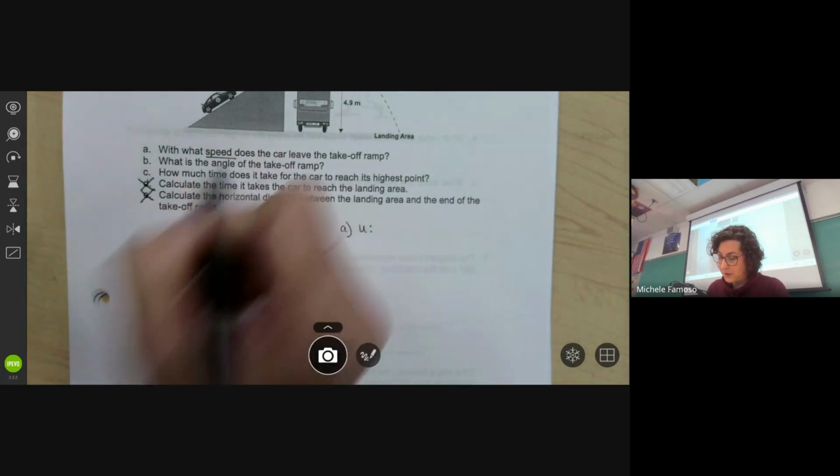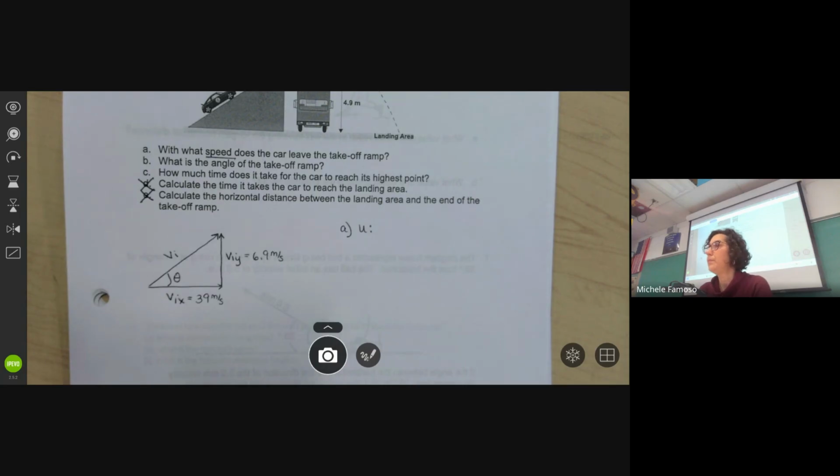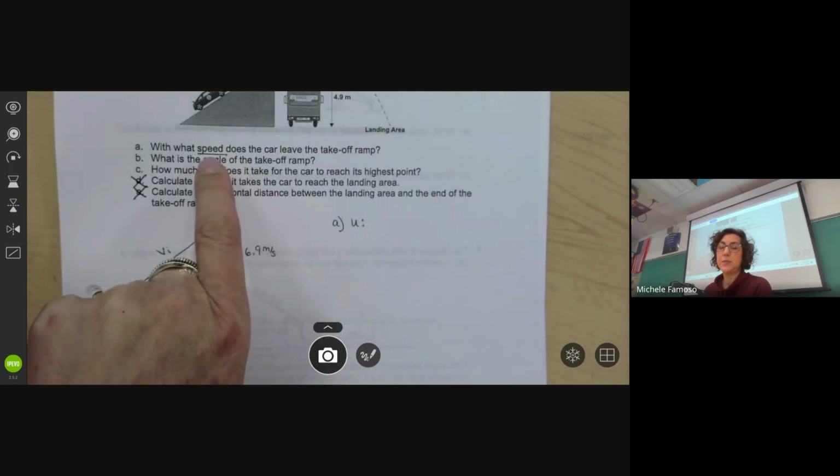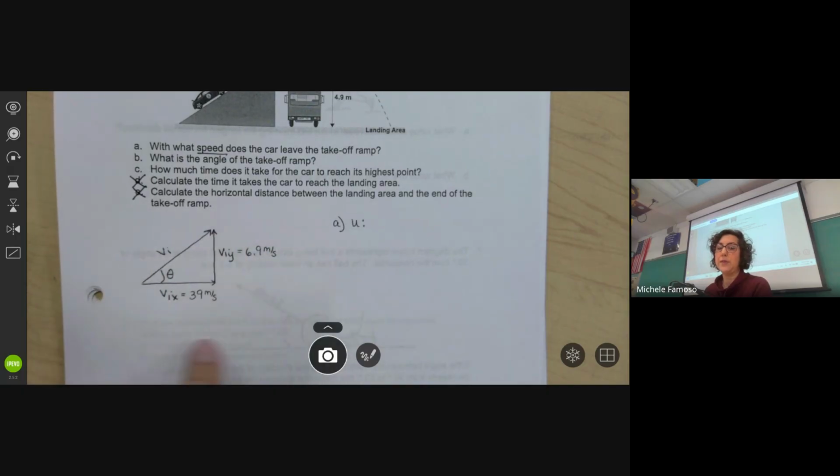Let's look at what part A is asking you for. Part A says, what's the speed? What does that mean I'm asking you for? If I say, what is the speed, what does that mean I want to know? Marnay, any idea? Nope. When I say what is the speed, what variable on this picture am I looking for, Bryce?